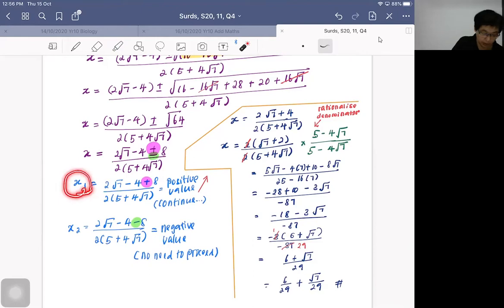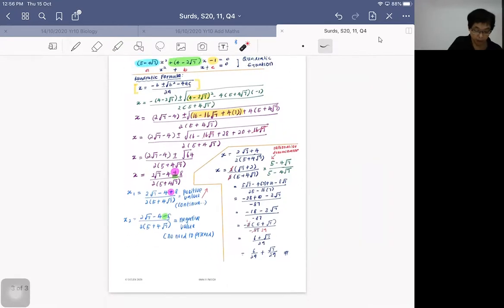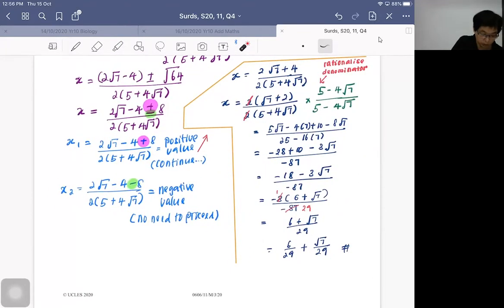The one that I notate with x1 is going to result in a positive value. Why? Because they ask for the positive solution. For x2, you notice that this is minus 4 minus 8 minus 12 minus something small over a positive denominator, so you know this is going to land with a negative value. So do not worry about that. Just pause there and you do not have to proceed from there.